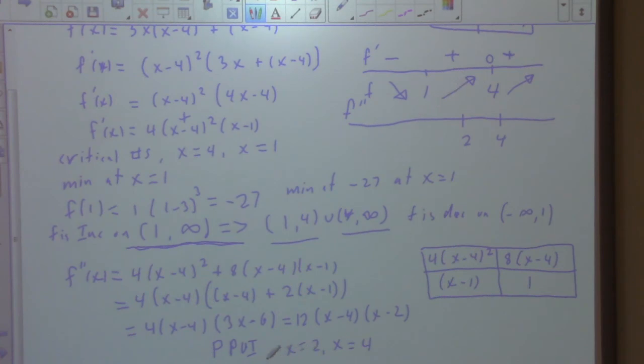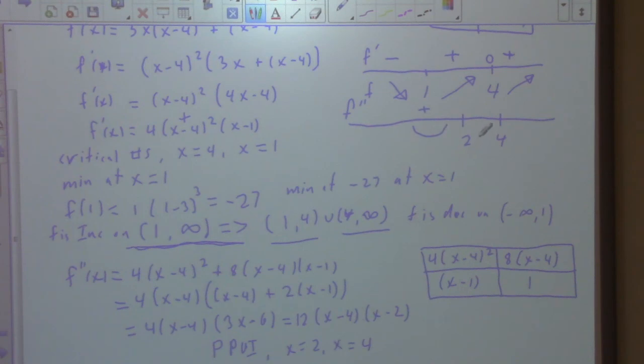And so what goes here, if we take this function, I guess this would be the simplest form here, to the left of 2 we would have a negative times a negative, so that'd be concave up.